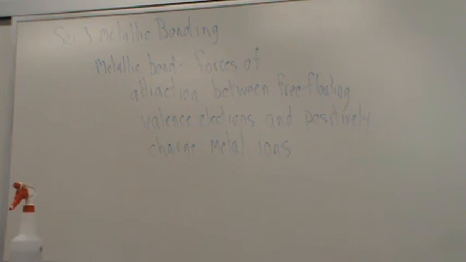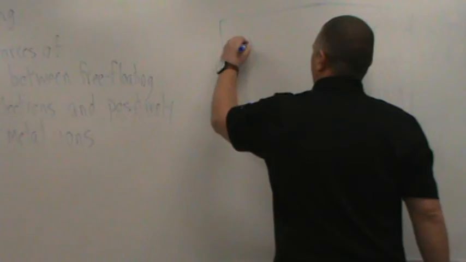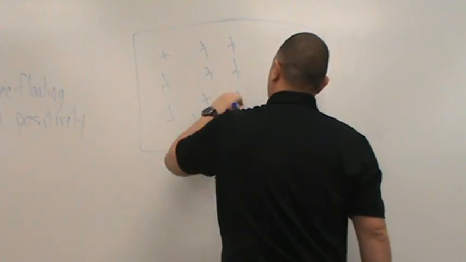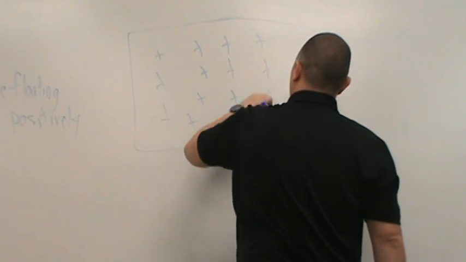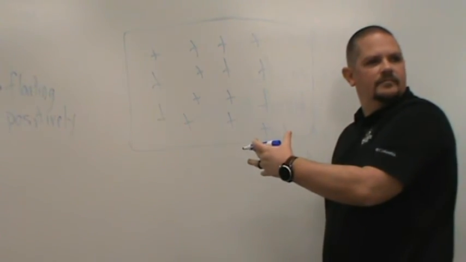If we were able to look at a cross-section of what a metal would look like. Here's our metal cations, okay?